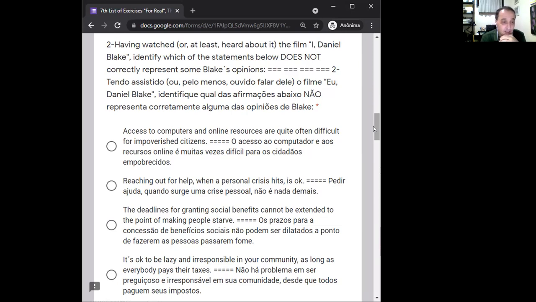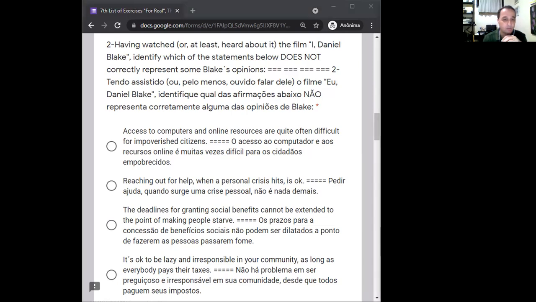The third one says, the deadline for granting social benefits cannot be extended to the point of making people starve. Now, this is saying that when you have to access social benefits, these things cannot go on forever, on periods that will take so much time, right? People need their benefits. Blake actually says that.